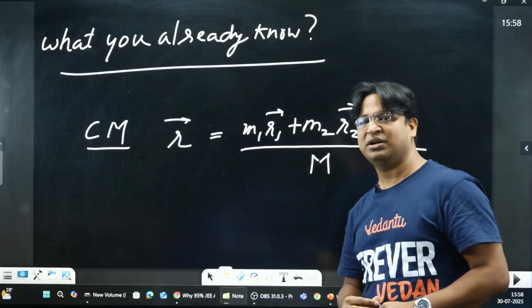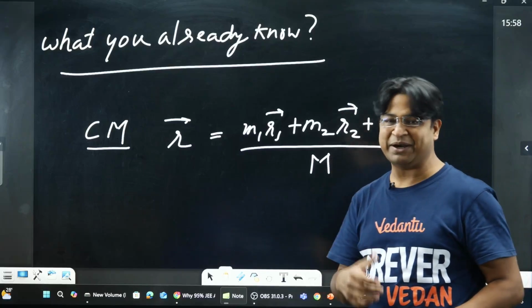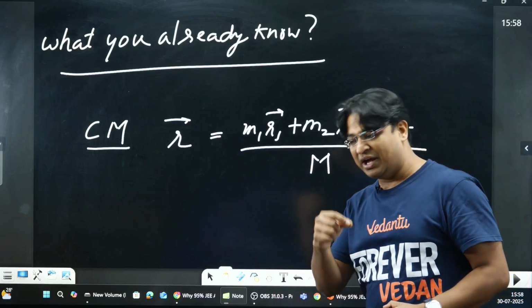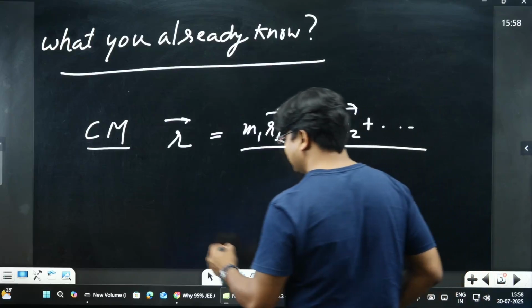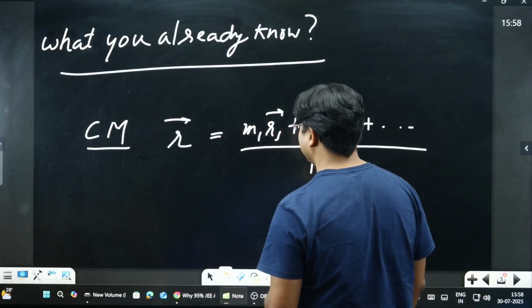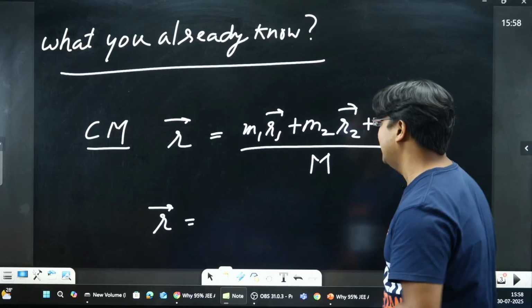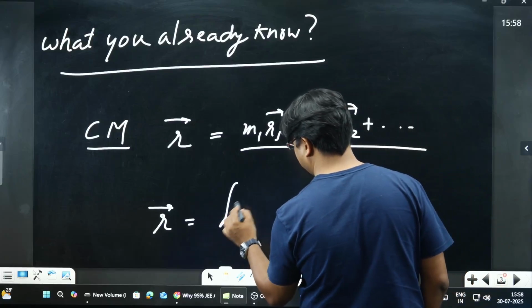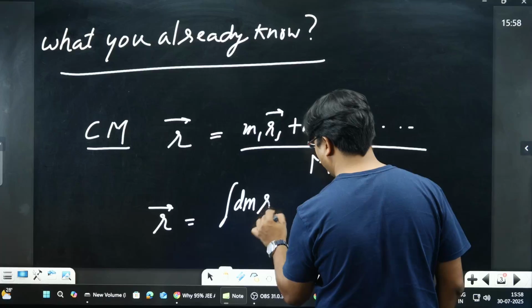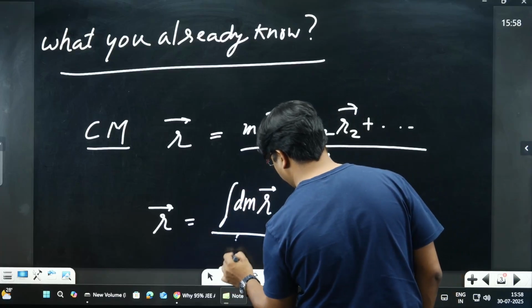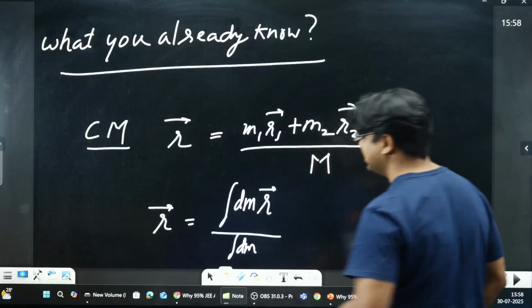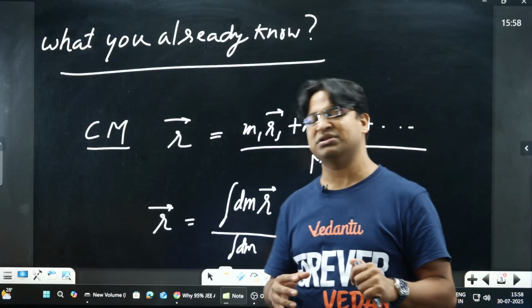Now this was the formula when you have discrete, separate particles present at various points in space. Just in case you have a continuous mass distribution, that means you have a body, in that case you are supposed to write the integration of dm times r vector divided by the integration of dm. So these are the formulas with which you can locate the center of mass.